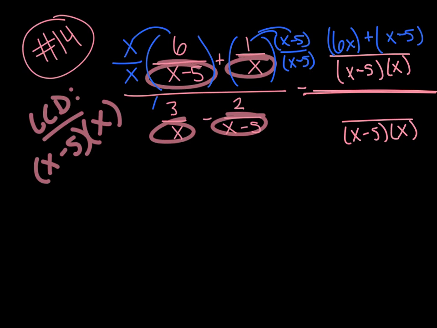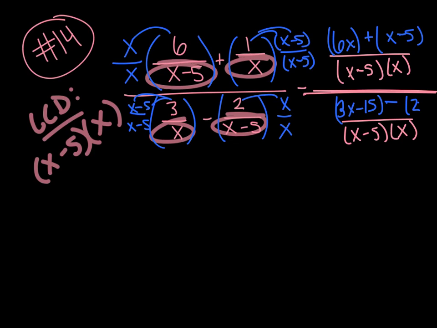All right, bottom. This one has the x. It also needs to be multiplied by x minus 5. So distribute your 3 and get 3x minus 15. Bring over your minus sign. And then the 2 has a denominator of x minus 5, so it's missing the x. 2 times x is 2x.